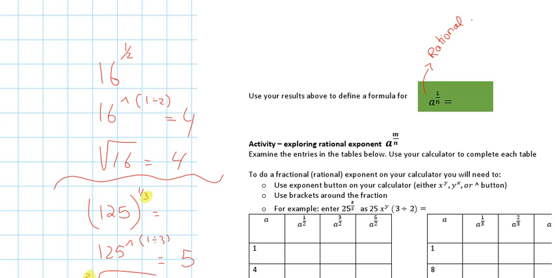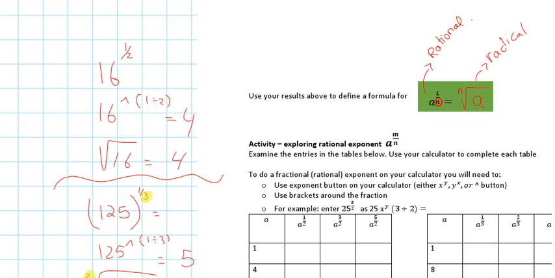I can write this, which is a to the power of 1 over n, as the nth root of a. Whatever n is here is going to go in the root of a. This format is called the radical format. So that's the root format. So rational is when you have a fraction as an exponent. Radical is when you have a root.